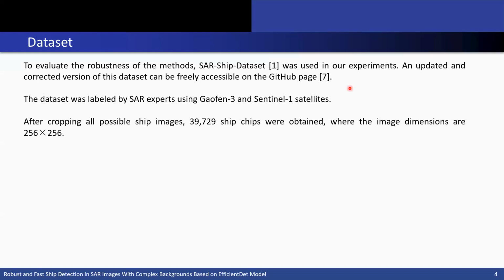A SAR ship detection dataset was used in our experiments, which can be found in reference 1 and reference 7. These datasets include nearly 40,000 ship chips or ship patches, and these images are obtained from GaoFen-3 and Sentinel-1 satellites.